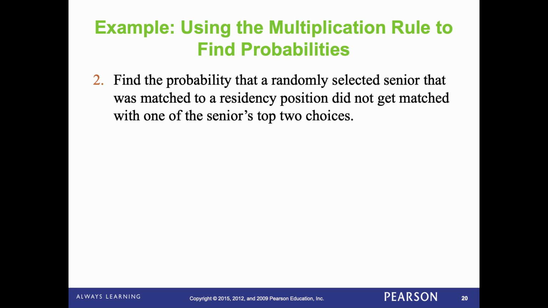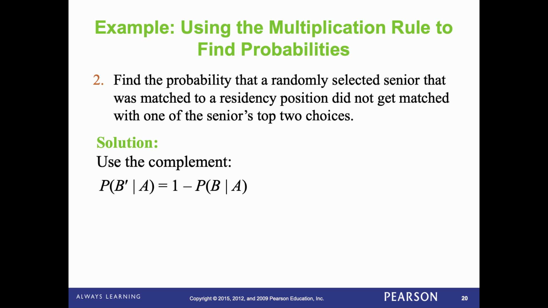All right. Second example. Find the probability that a randomly selected senior that was matched to a residency position did not get matched with one of the senior's top two positions. All right, so probability of getting a job, and then probability of not getting one of his top two positions.